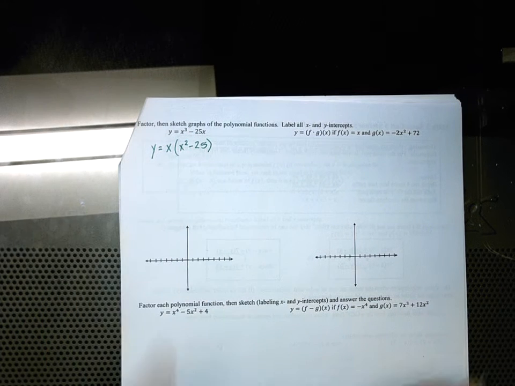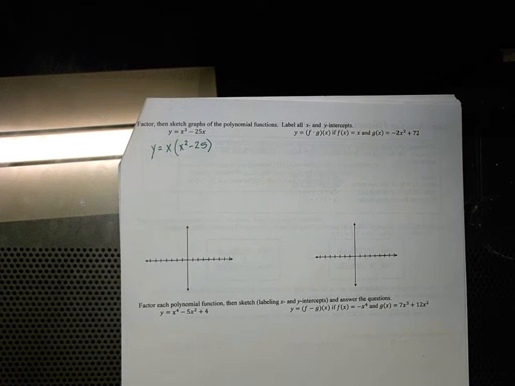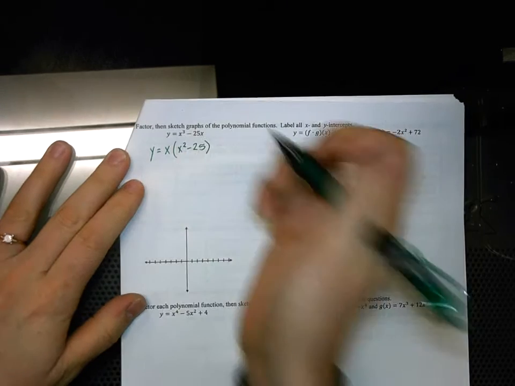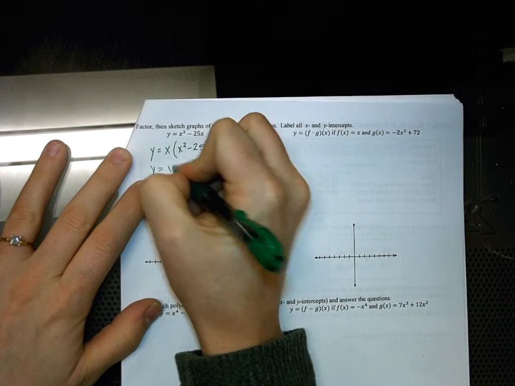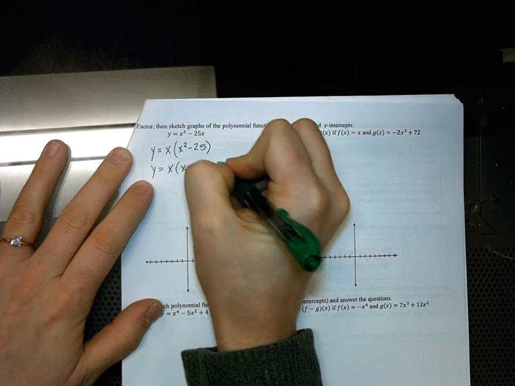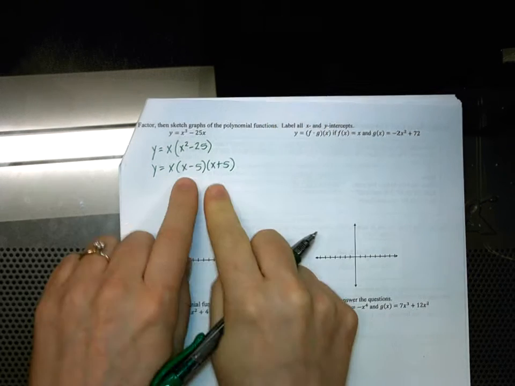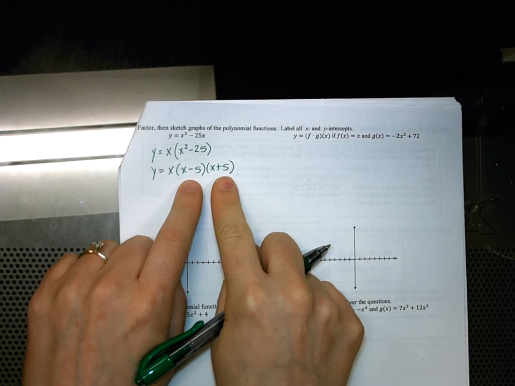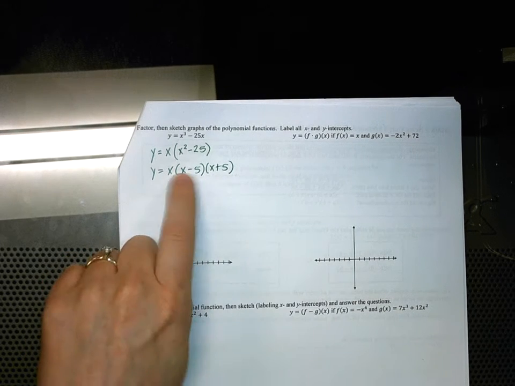Can I factor x squared minus 25? Yes, it's a binomial, it's subtraction, and they're both perfect squares. So it's a difference of squares. So it factors to x minus 5 times x plus 5. It does not matter whether you have x plus 5 first and x minus 5 second, or the other way around.